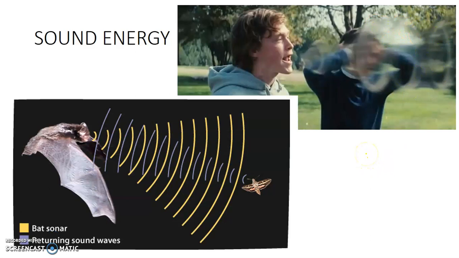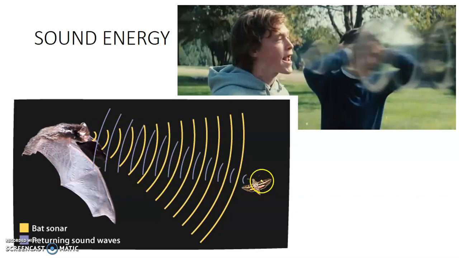Another example is bats. Bats are animals that are kind of blind, but they have a built-in sonar. This means that they produce a sound, and that sound travels on the waves of the air.